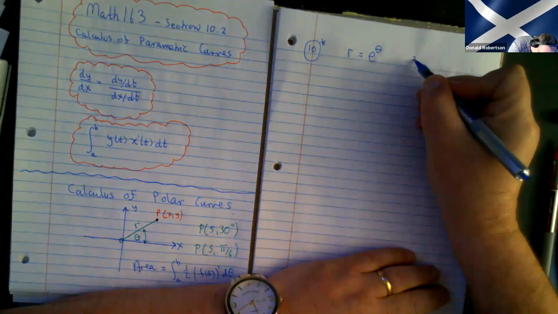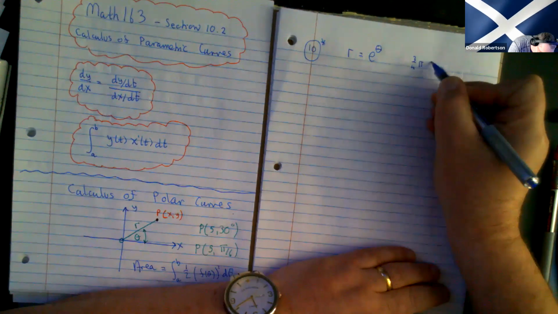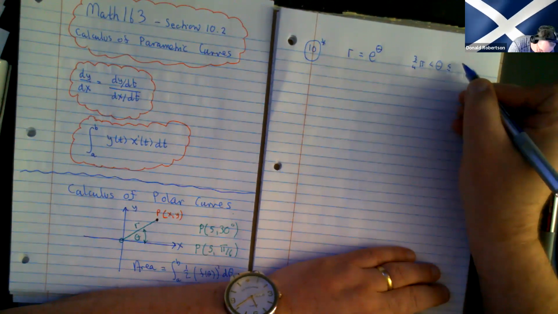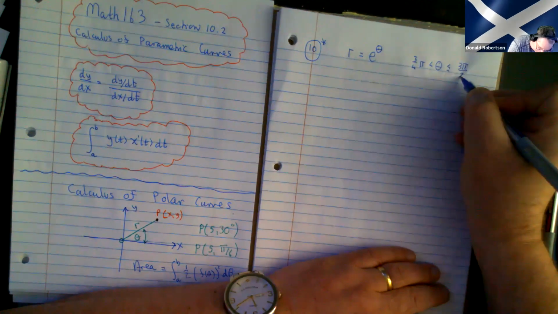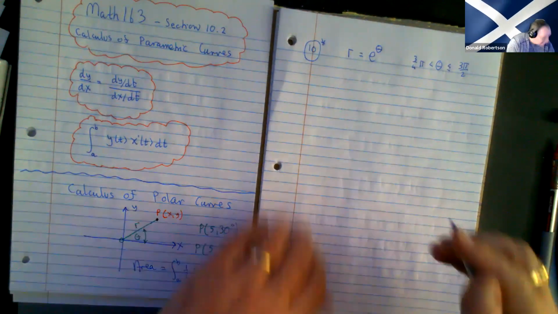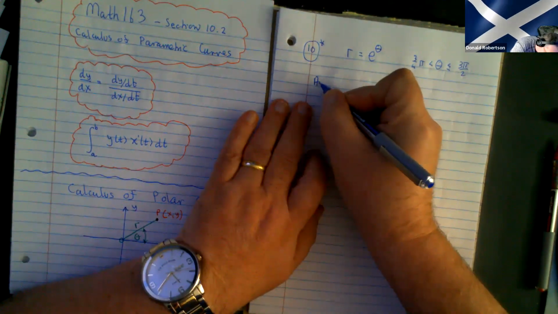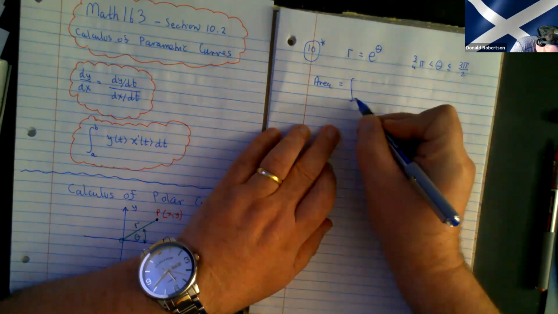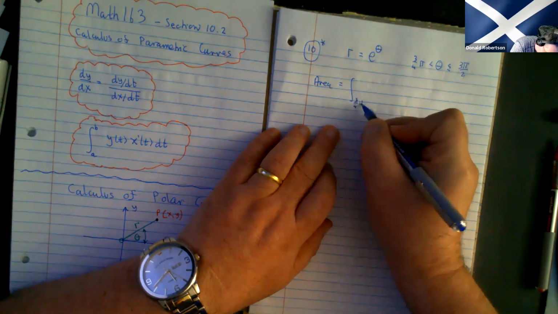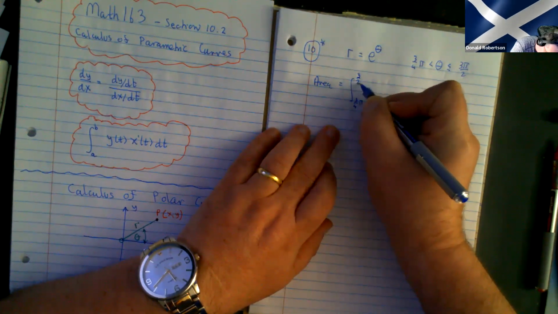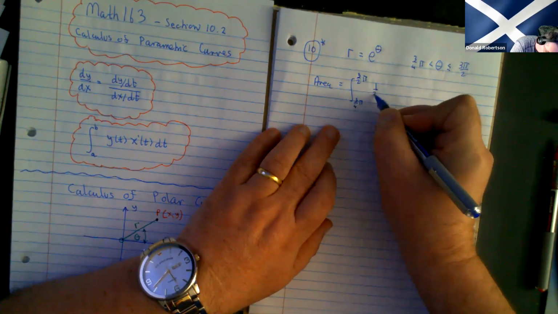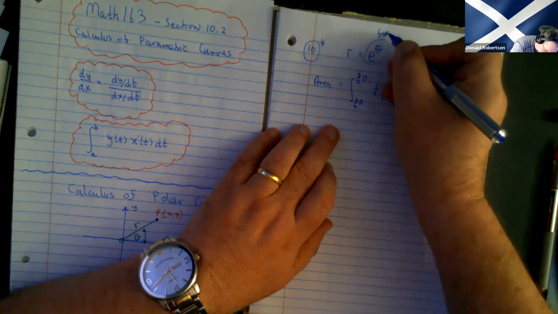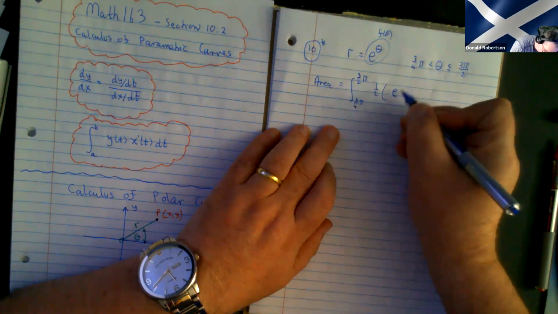And we're being asked to find the area swept out from theta between here and here. So the area is going to be the integral from 3/4 pi to 3/2 pi, 1/2 this fella here, because he's basically f of theta, this fella here squared.